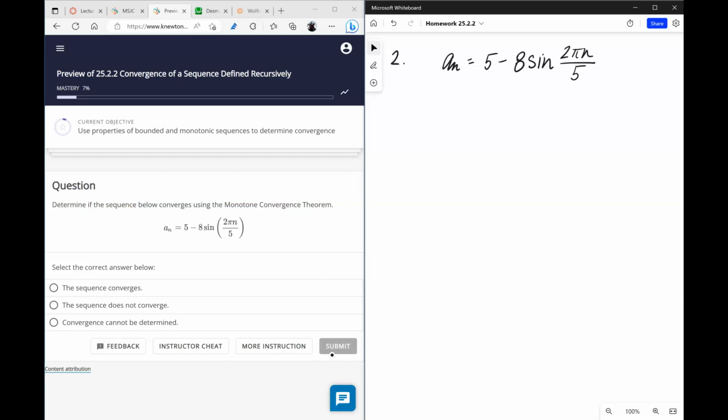Anyway, in order for us to use the theorem, we have to establish that this sequence is monotone and bounded, while I have no doubt that this sequence is bounded.